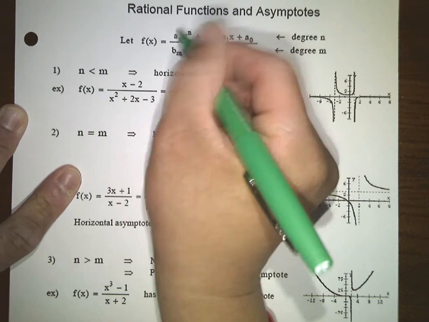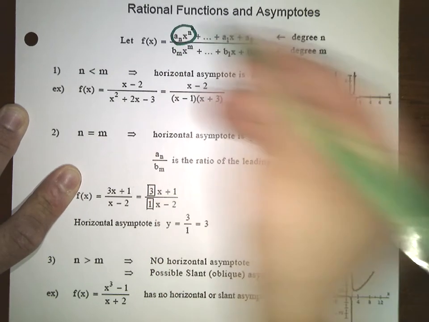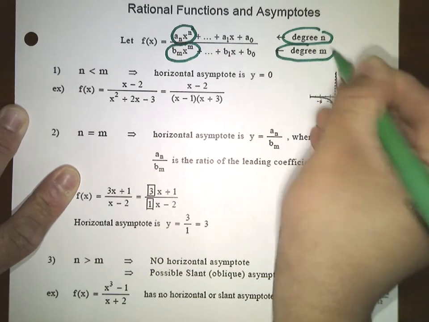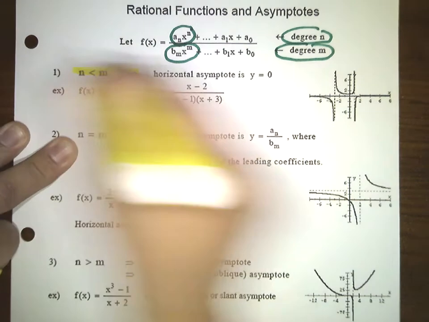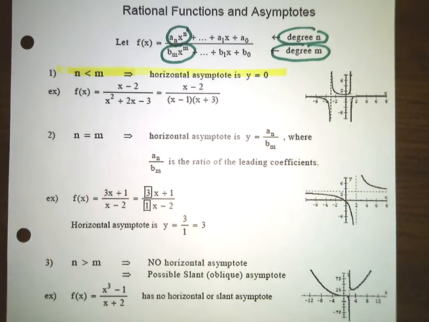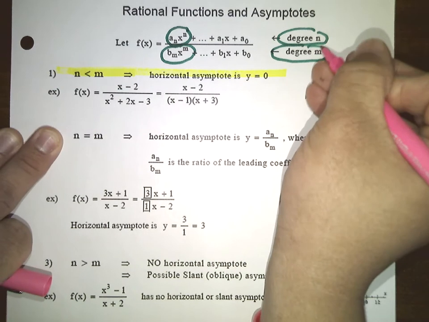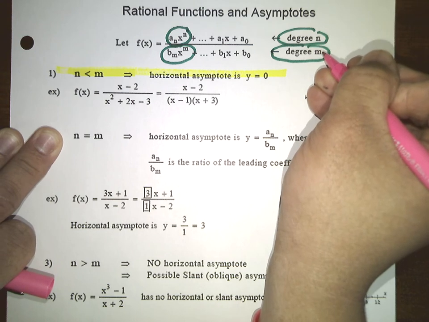All right. So if you look at the rational function where the numerator and the denominator are polynomials, and the numerator is of degree n and the denominator is of degree m, so we look at the leading term for that, then if n is less than m, the horizontal asymptote is y equals 0. Just keep in mind that n is the numerator's degree, and m is the denominator's degree.